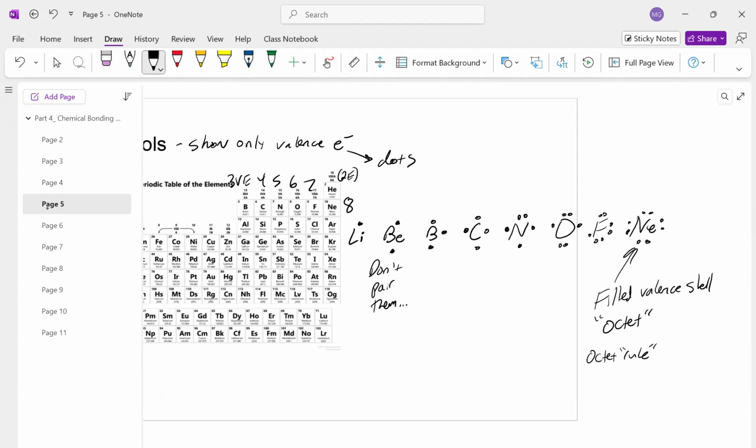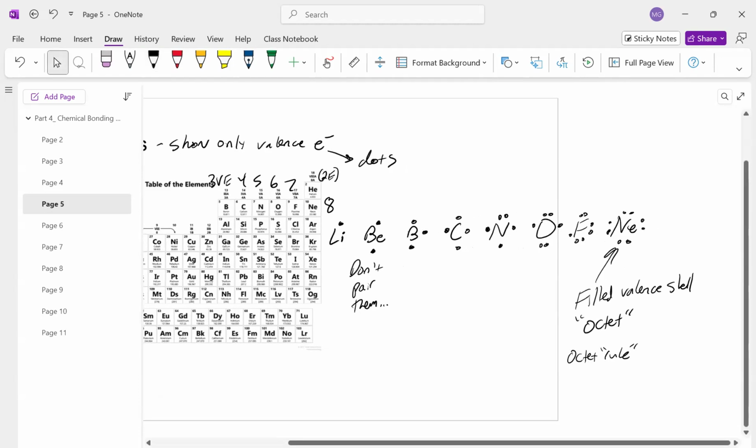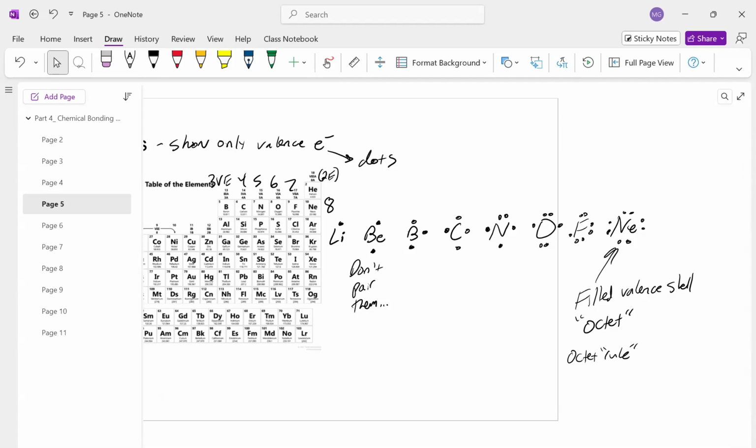And I put rule in quotes because it's more like guidelines, because there are a lot of exceptions to the octet rule. But basically, the octet rule dictates that a filled valence shell has eight electrons, and atoms will react. Again, I asked that question at the beginning of this lecture. Atoms will react because they want to have a filled valence shell.